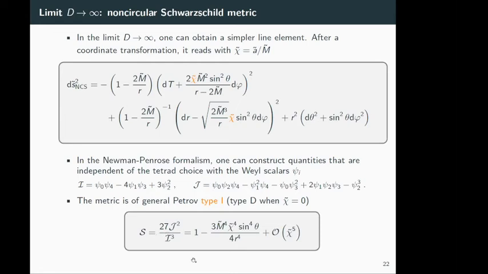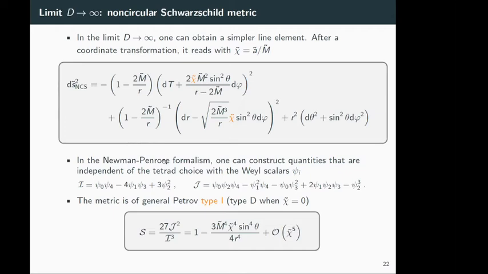And for algebraically special spacetimes, so anything apart from Petrov type I, this has to be 1. So any algebraically special spacetime has to have S equals 1. And for this metric, which we called non-circular Schwarzschild, you can see that when this rotation parameter is non-zero, S is not equal to 1, meaning that this metric is of general Petrov type I.